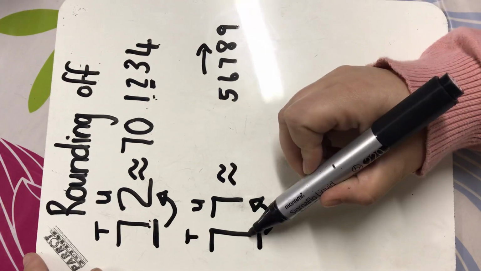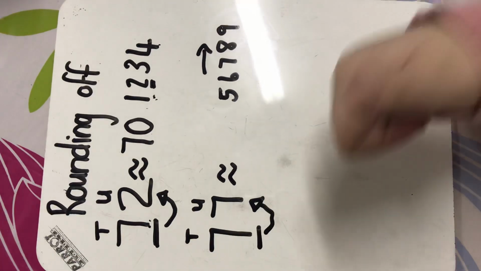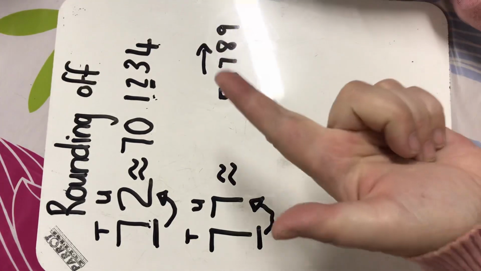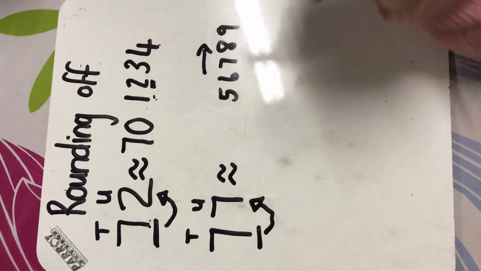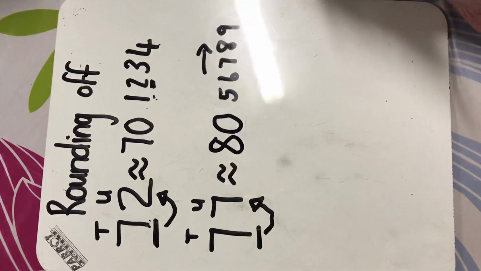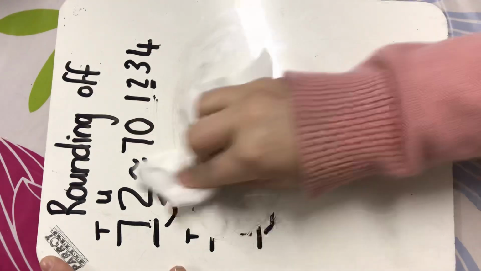And what is the 10 after 70? Let's see. 10, 20, 30, 40, 50, 60, 70, 80. So 77 is closer to 80. Okay. So let's do a few more.